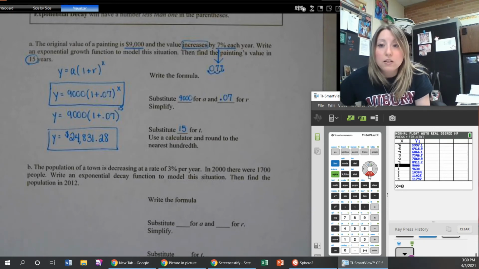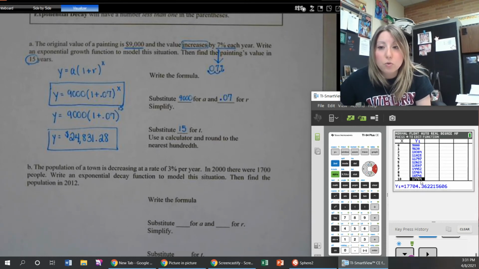Now we know since x is time, we need to start at 0 at the lowest x value. And notice that's the initial value, $9,000. Then each year, that painting increases in value. So after 10 years, if you arrow over to the y value, 17.7, right?